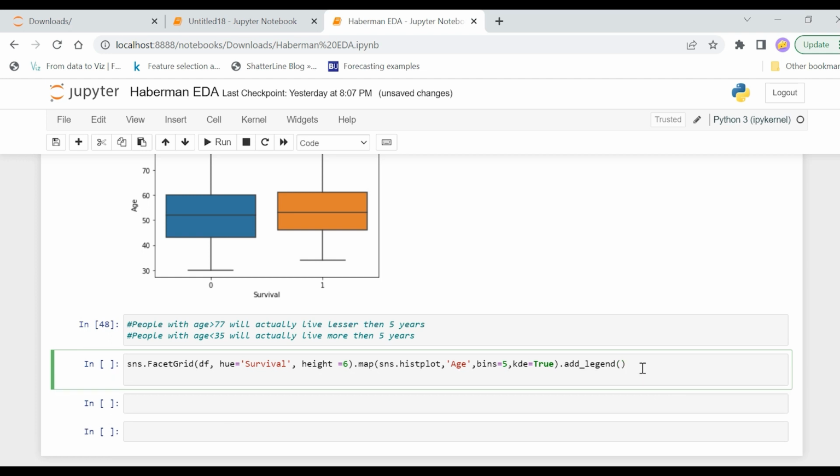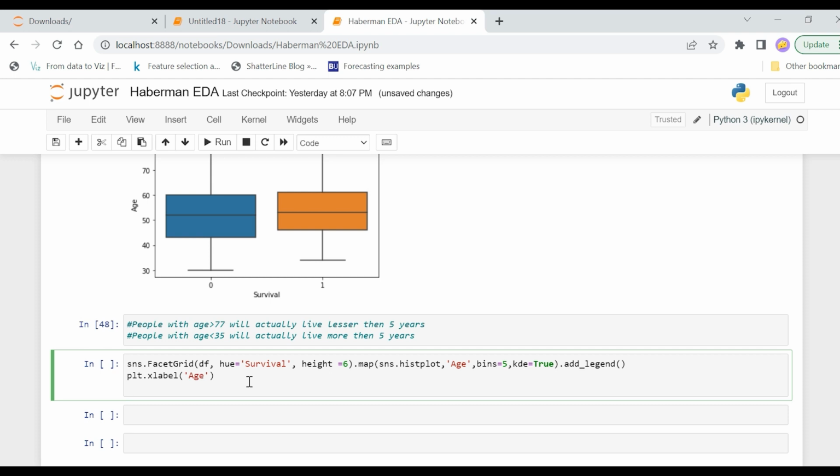Now let us label. So plt dot xlabel, the first label shall be age. The second will be plt dot ylabel, here I can say percentage of survival.